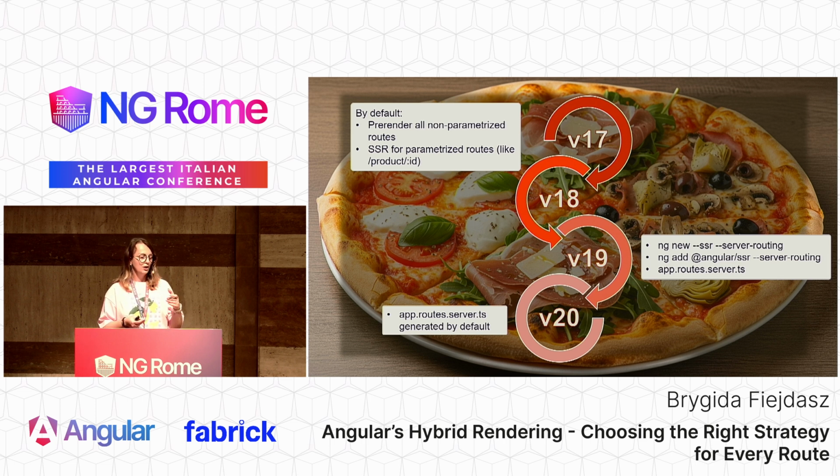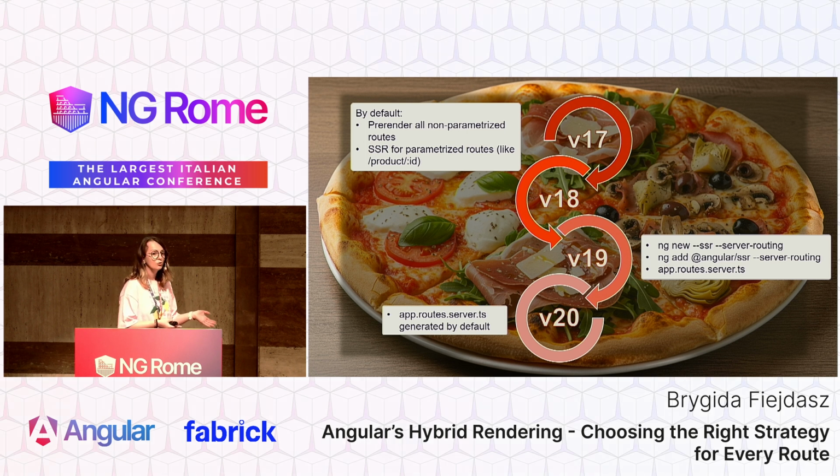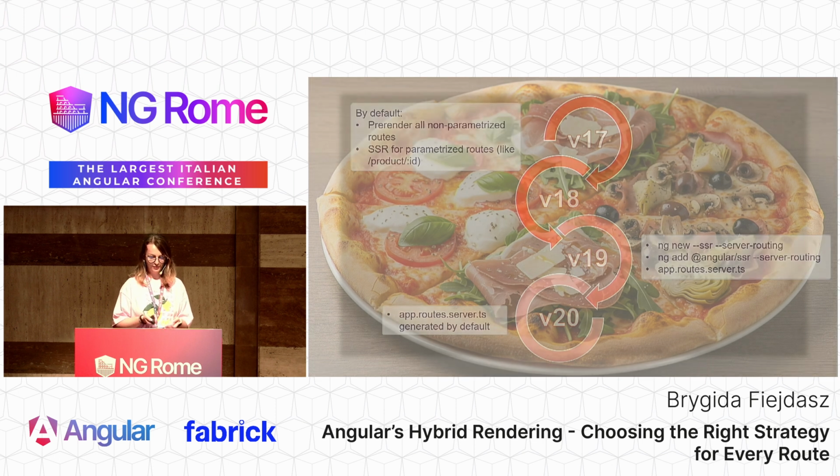You could just add the server routing flag when creating your project or adding SSR to it, and you get the app routes server file. Now it's stable, and this file is added by default to our SSR project in version 20. Okay, so let's check how it looks.